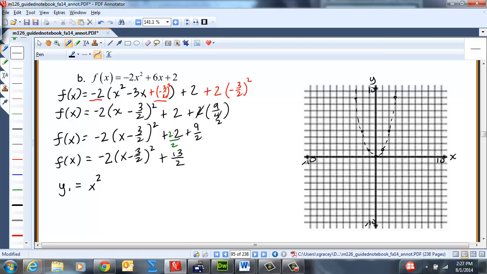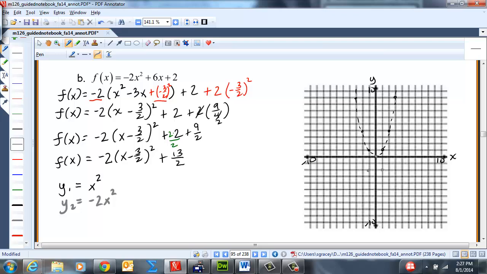Now you're going to be multiplying each of those y values by negative 2. So it's going to reflect it across the x-axis. So your second graph, I guess I'll do this one in gray, negative 2 times x squared. So you still have 0, 0, but these are going to flip down here.